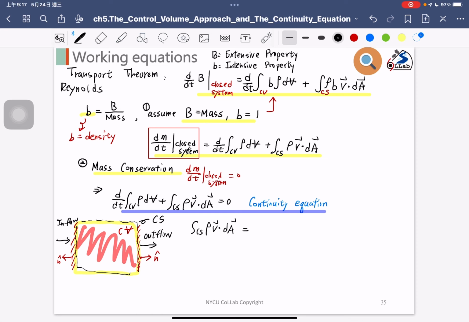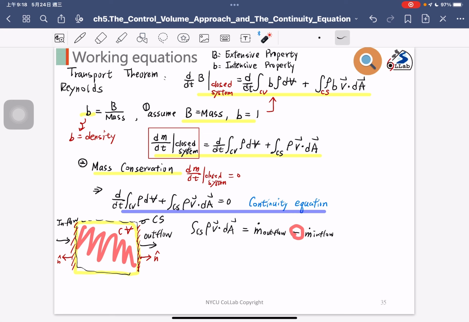So I can rewrite the integration to be the m rate outflow minus the m rate inflow. Why do I put the minus here? As you can see, on the inflow side, the normal vector's direction is opposite to the flow direction. So when you do the dot product, we will have an additional minus here.